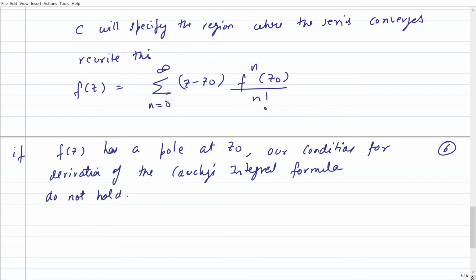And hence, we can't use that expression for the Taylor series to evaluate it.